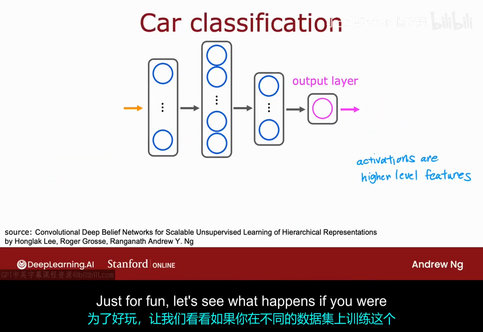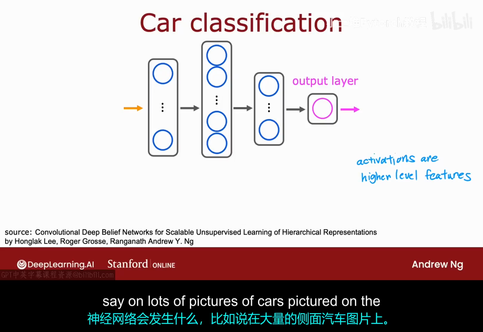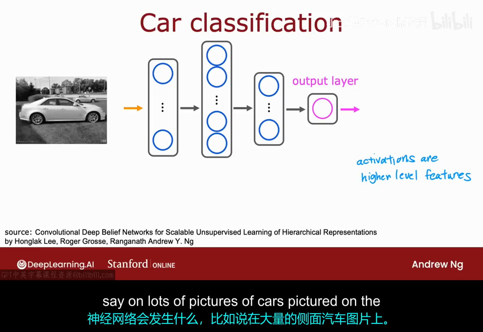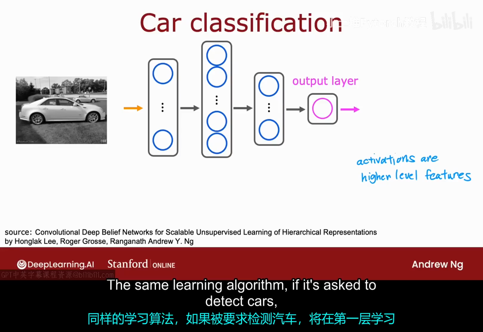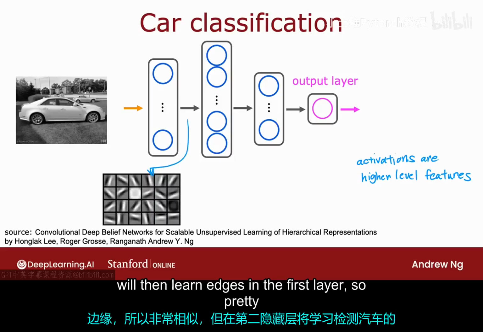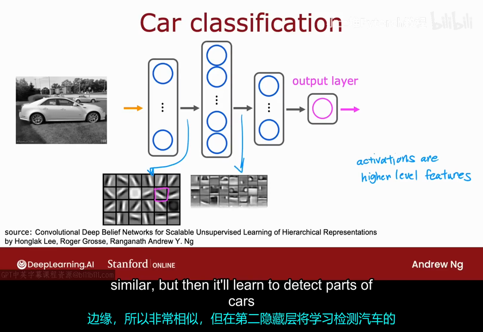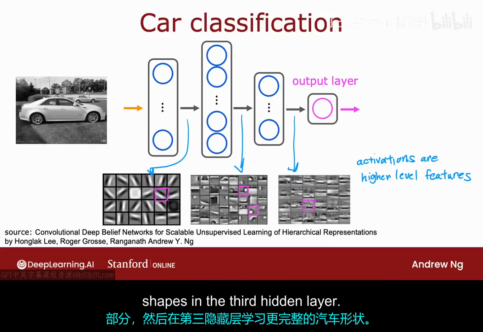Just for fun, let's see what happens if you were to train this neural network on a different data set, say on lots of pictures of cars pictured from the side. The same learning algorithm, if asked to detect cars, will learn edges in the first layer, so pretty similar, but then they'll learn to detect parts of cars in the second hidden layer, and then more complete car shapes in the third hidden layer.